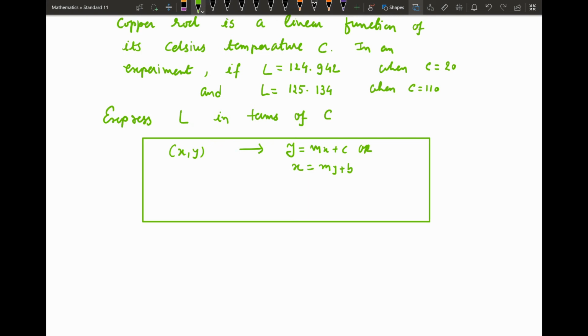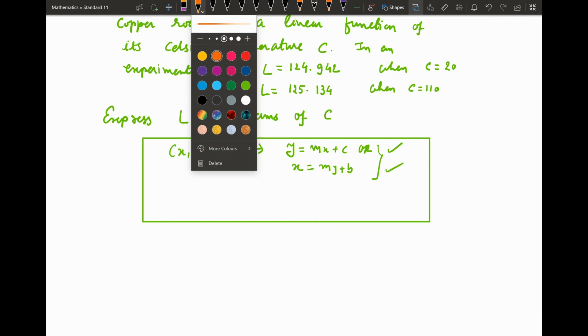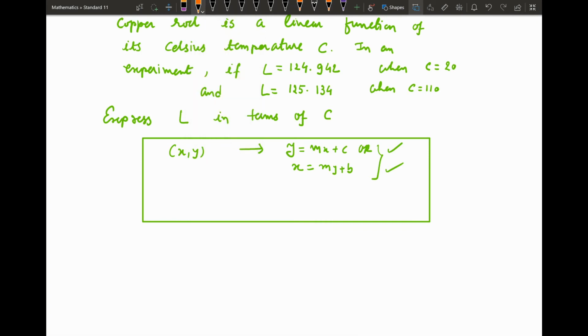These are linear relations between y and x or x and y. So this is nothing but the equation of a line. Using this, we will consider the value of L as y coordinates and the temperature as x coordinates for 2 points.